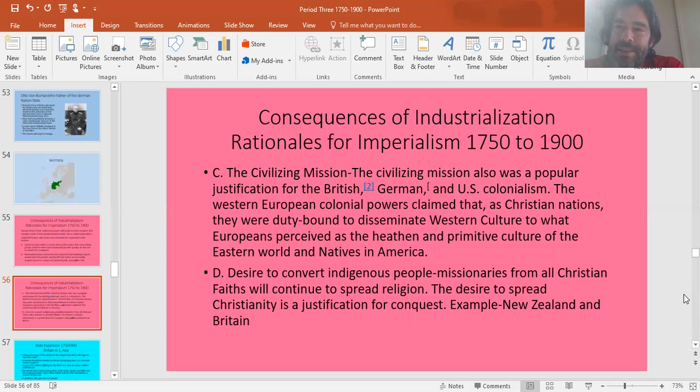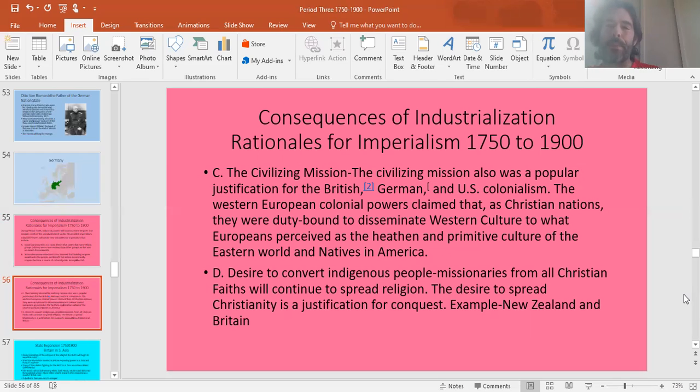The Civilizing Mission taught that white people had an obligation to conquer all these various shades of brown people's land because they needed us. They're so uncivilized.